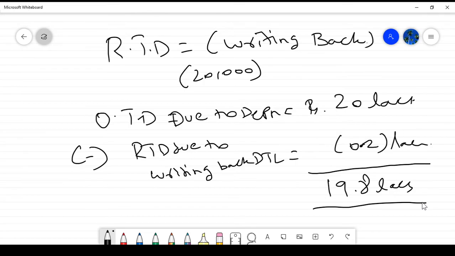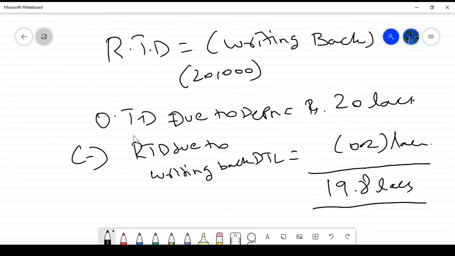Unamortized expenses means it is already accounted as an expense in my financial accounts, in my books of account. It is already accounted as an expense, but it is not accounted as an expense in my income tax act. Now I am accounting it as an expense. That means I would have created deferred tax liability. Now I have to write that back. So that is why I am reversing this 0.2 lakh.